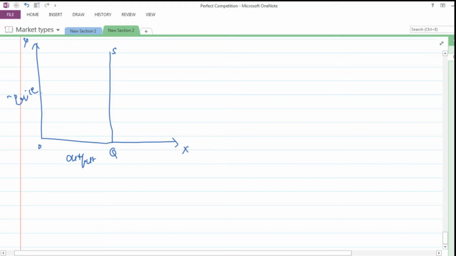Now let's assume a scenario that the demand curve intersects the supply curve at this point. So this is the DD curve. The price which is established is OP.